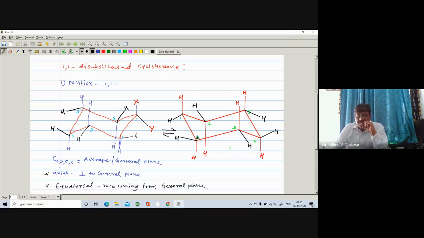Here we have seen the 1,2 position. In this case, when the two hydrogen atoms are replaced, here we have written the numbering like 1 2 3 4, but in the actual case the numbering you have to write in this way.